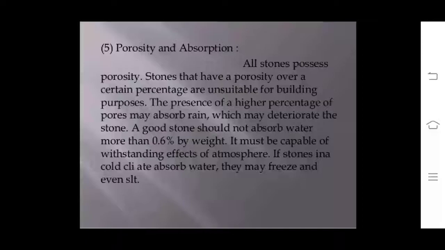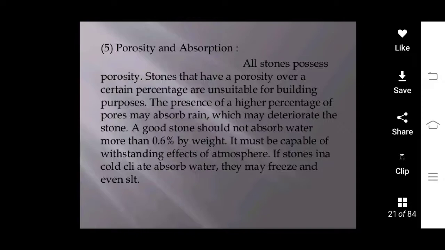Porosity and absorption. It is the property of stones that they possess porosity, that is the ability to collect water in their pores. Stones that have a porosity over a certain percentage are unsuitable for building purposes. The presence of a higher percentage of pores may absorb rainwater, which may deteriorate the stones.